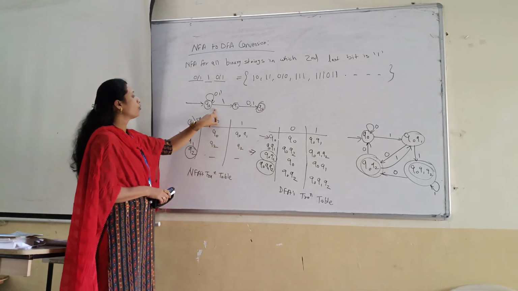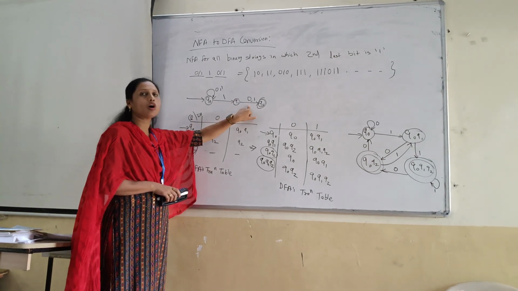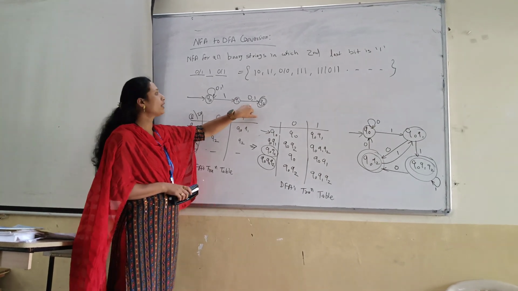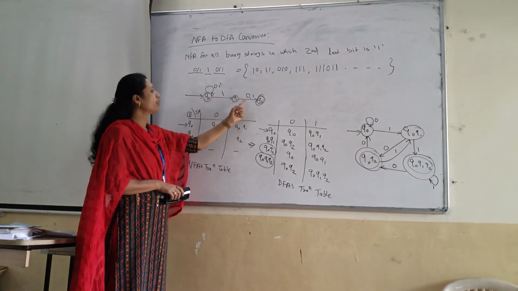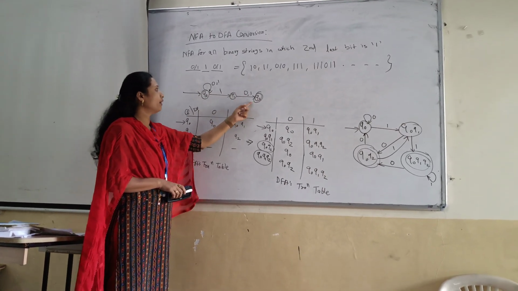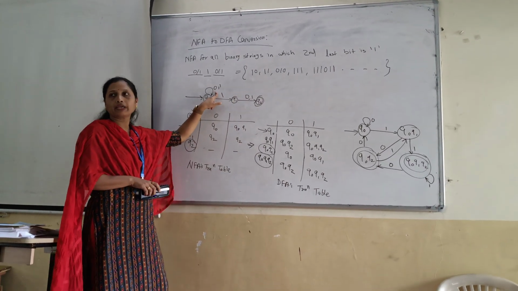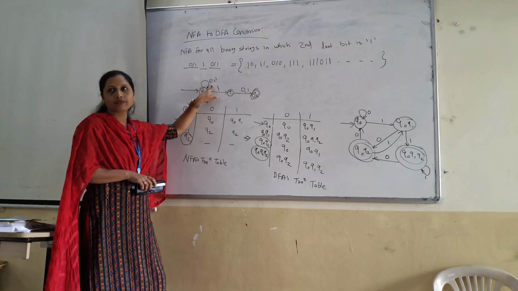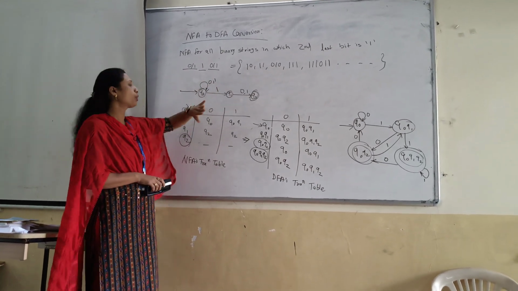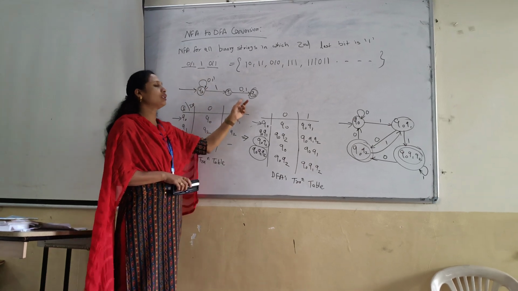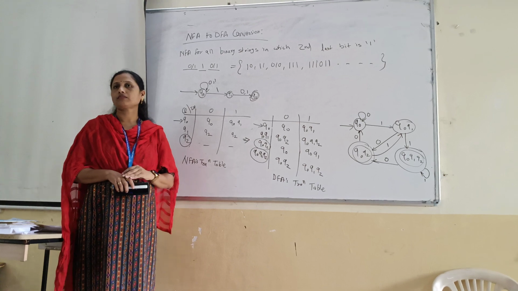So for 1, and then either you can have 0 or 1. Now, look at the diagram and tell me, is it possible to have 10 or 11? If you want 010, here is a self loop. We can draw a self loop for 0 as well as 1. You can have any number of zeros and ones, or you can skip it and have 10 or 11 at the final stage.